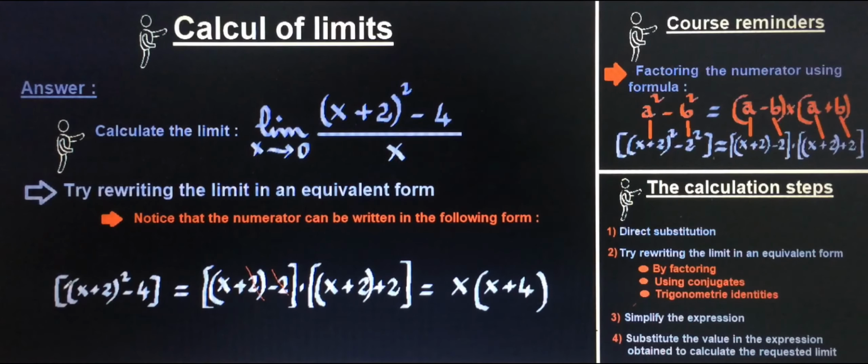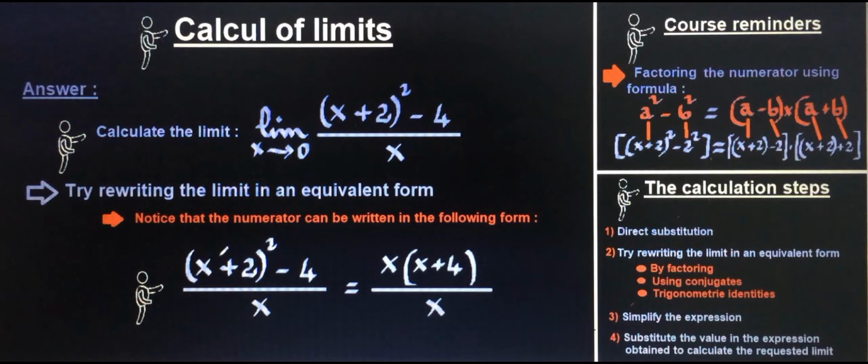Therefore, the expression x plus 2 squared minus 4 becomes x times x plus 4. And the expression x plus 2 squared minus 4 divided by x becomes x times x plus 4 divided by x.